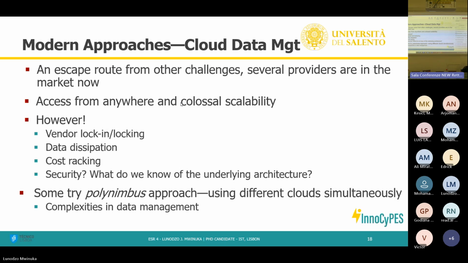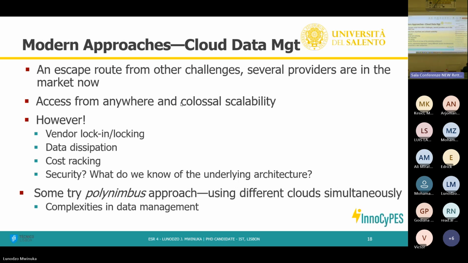This is implementing at least two cloud providers to manage data. But there is one hurdle with this. Managing data becomes even more complex, because now you have two providers. And so whenever you want to look at your data, you always have to consider, this data I get from provider A, this data I get from provider B. It becomes a bit of a challenge.